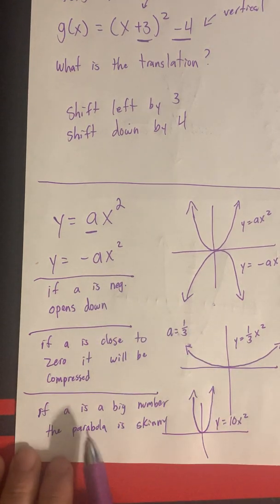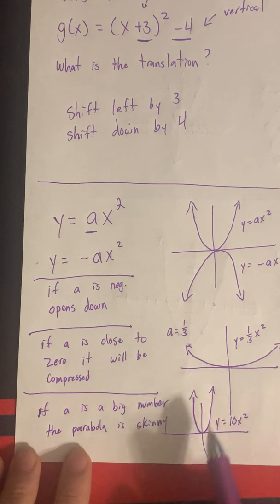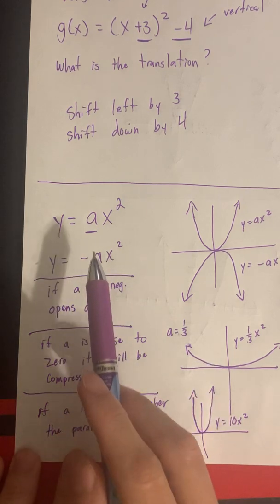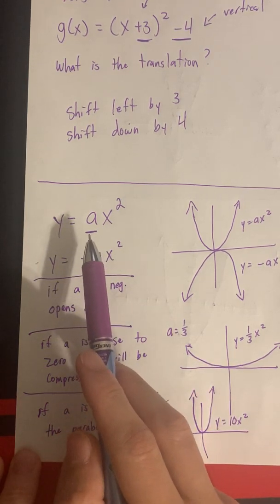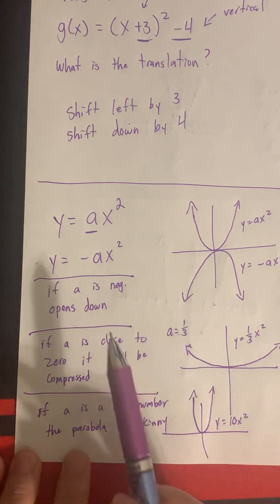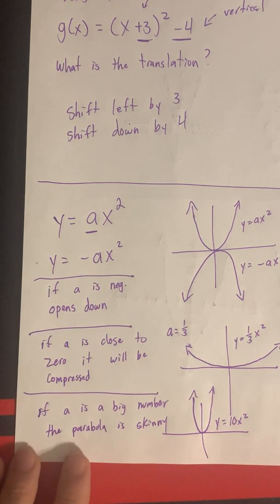If a is a big number, the parabola, which is this U, will be super skinny. So we can apply these rules just from knowing this coefficient, the number in front of the x squared. That's how your graph is going to behave based on that number.